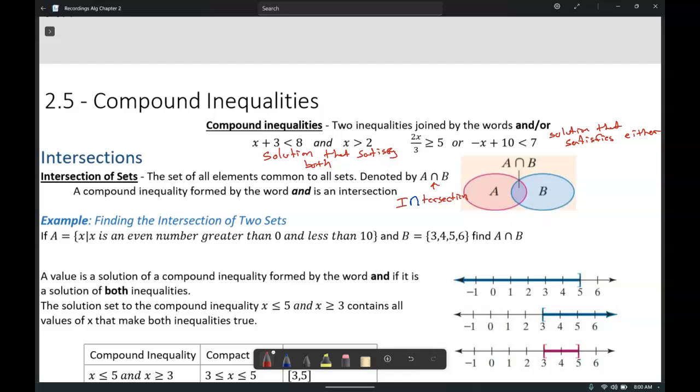And when we have a compound inequality, typically we'll use the word "and" to describe an intersection. So the intersection of the two given inequalities is going to be any solution that satisfies both inequalities, any part of the solution set that is common to both of those sets of solutions.